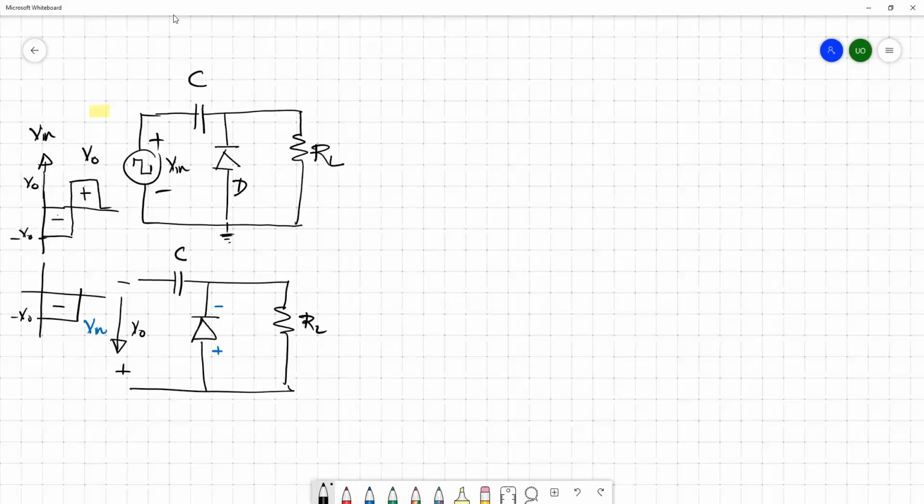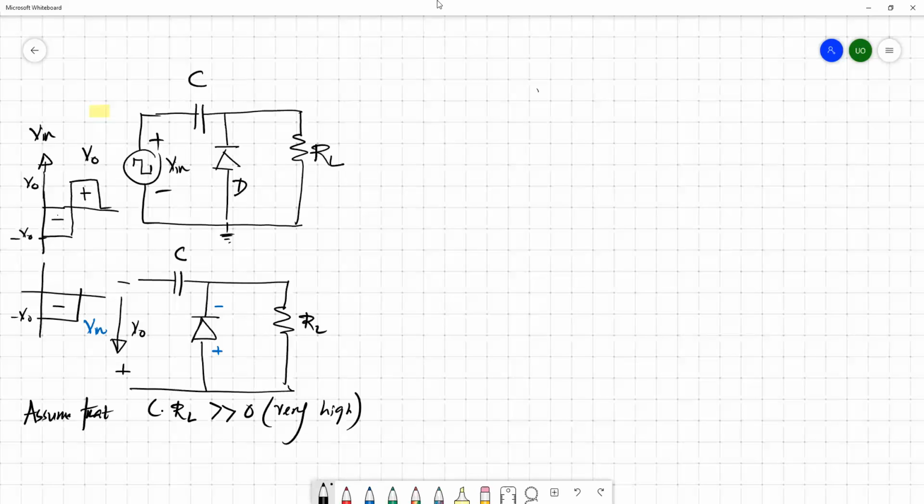For the time being, we'll assume that the product of RL and C is very high.